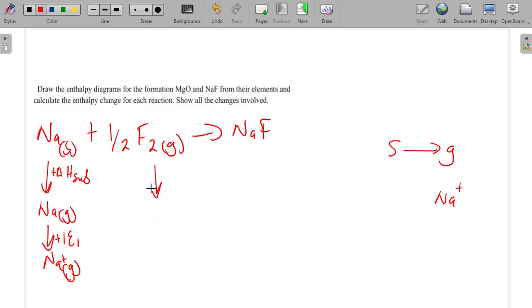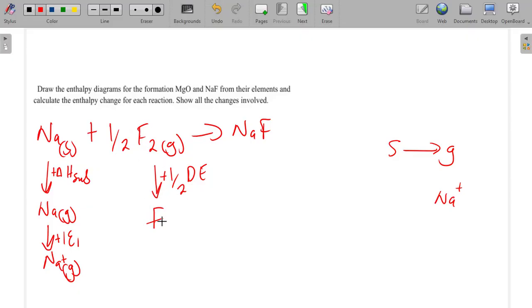So we introduce half of the dissociation energy. The amount of energy we need to break this fluorine molecule into single atoms, monoatomic fluorine, is the dissociation energy. We need half of it, and this is positive because heat is applied.